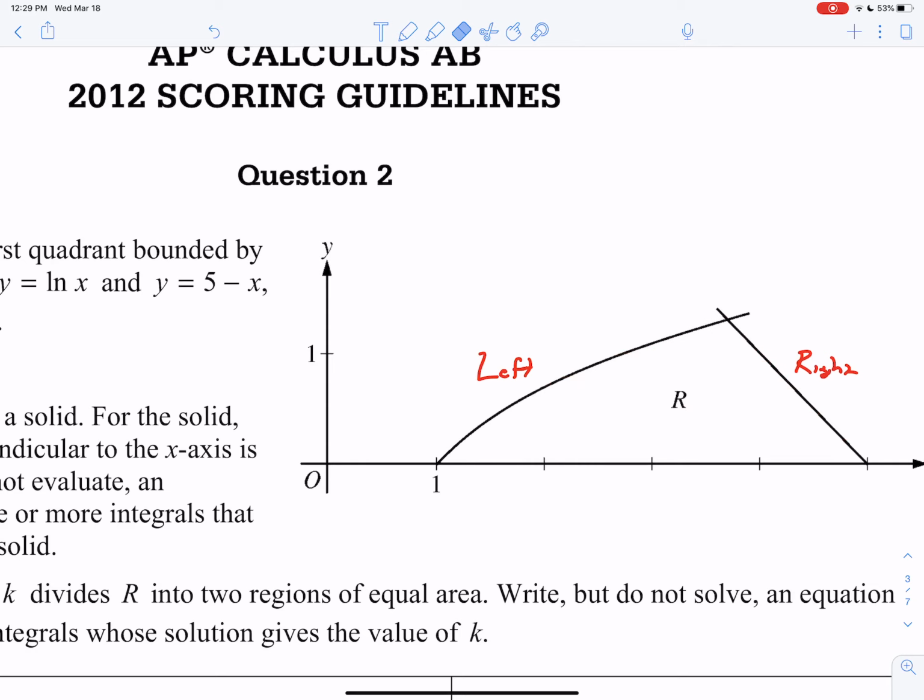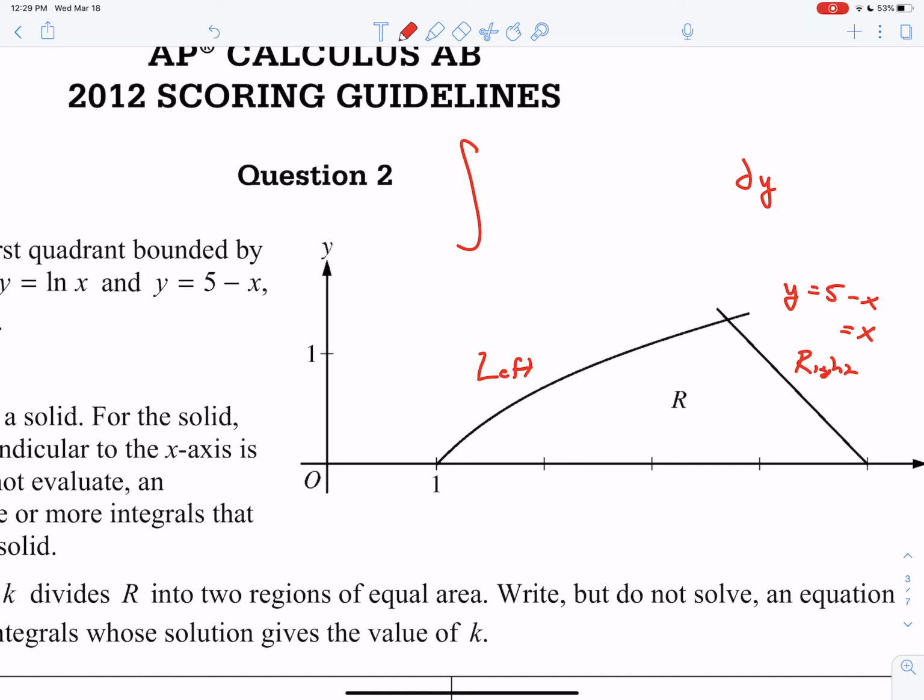All right? So we would integrate in terms of right minus left. So here, y equals 5 minus x is your right function. Now, if you're doing right minus left, you actually have to integrate with respect to y, which does cause you to manipulate some of your equations so that x is by itself instead of y.